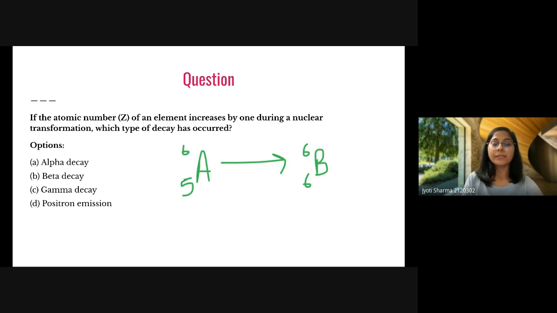What kind of decay has occurred? This was beta, so beta is 1 0. Because of this 1, the atomic number has increased by 1, right? So this will be the beta decay.